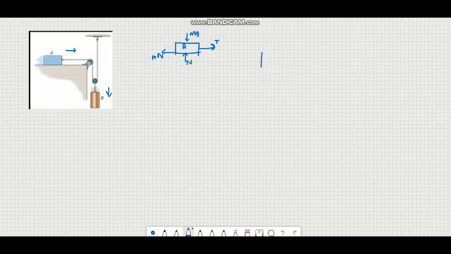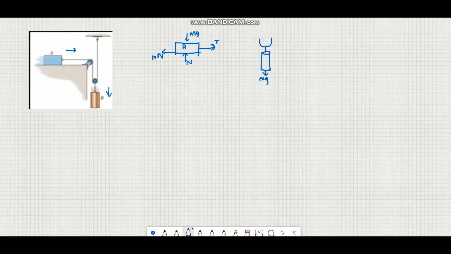For block B, it's a cylindrical shape. This is block B, and we don't have anything else. Again, the mass of this block is m, so it's mg. There is no frictional force, but there is the rope pulling it upward, so there's a tension.